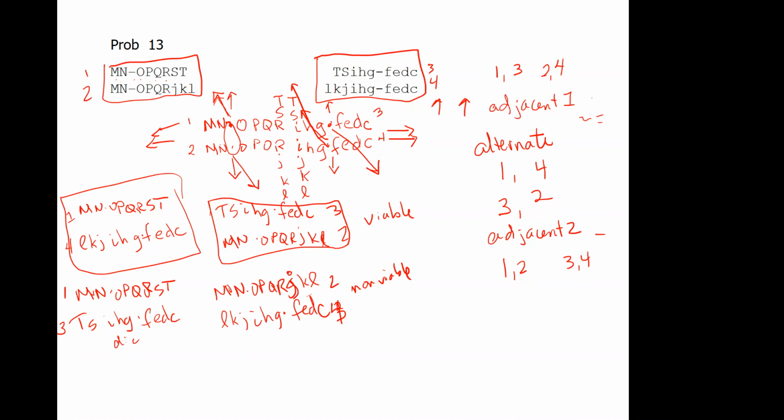So you have problems both ways. So adjacent 2 is non-viable. Adjacent 1 is non-viable. The only thing that's viable is alternate segregation, where essentially every other chromosome is going to go into a daughter cell.